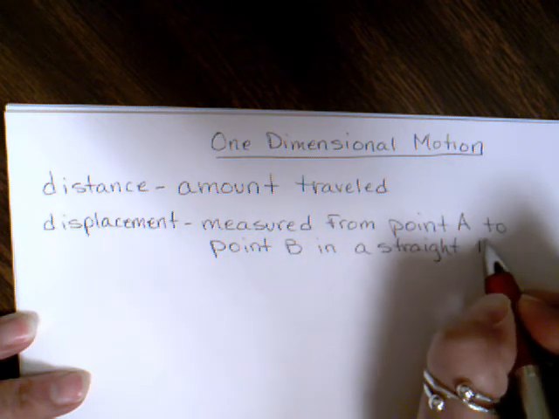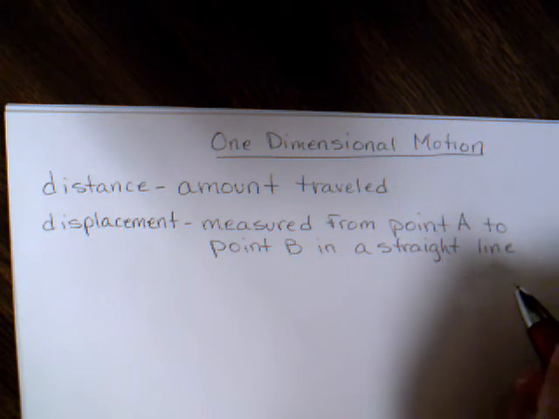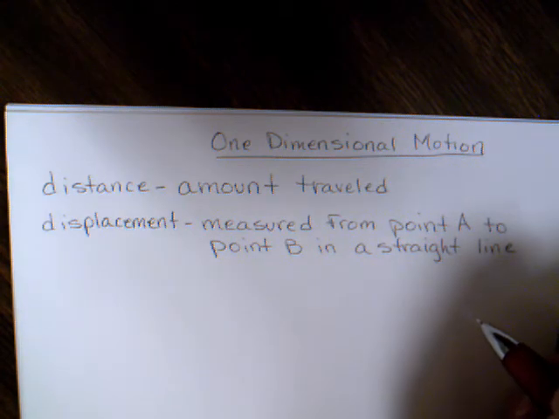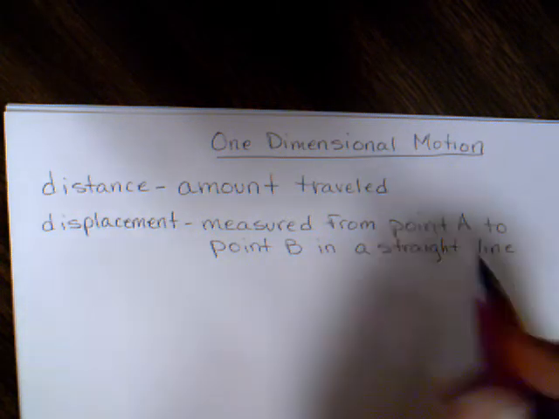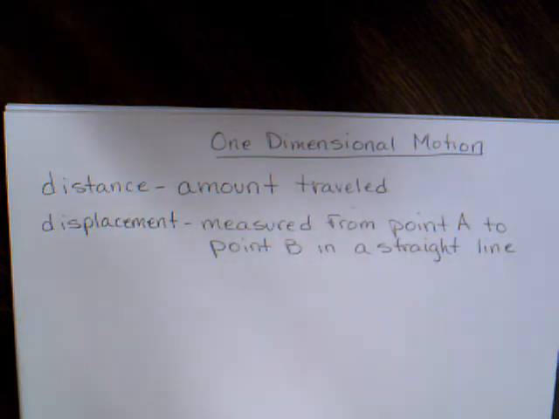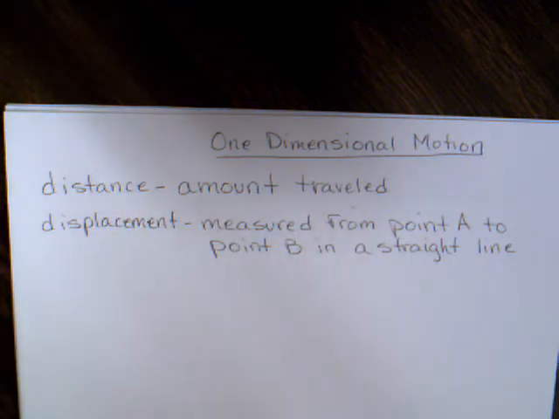So for instance, if you start out in the science hall, you end up in the junior hall, but you take a roundabout way to get there. You go through the 200 hall, then through the 300 hall, and then through the 400 hall so that you can pick up something from a teacher, and then back around to the junior hall. Your amount traveled is quite large. Your distance traveled is large, whereas your displacement is only measured from the science hall to the junior hall. Point A to point B.